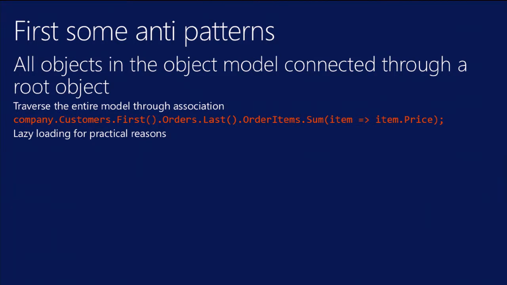To make this practical, you have to tie this very close to the storage mechanism. You would have to let the OR mapper lazy load data. So for example, once you hit the customers collection, the OR mapper will detect that and go ahead and load the customers from the database, and then you have them, and then it will load orders and so on. So you tie the storage and the model together very much.